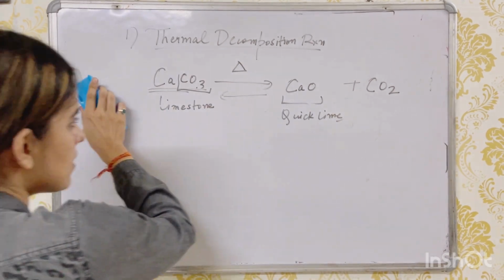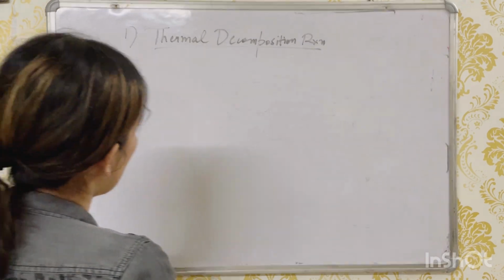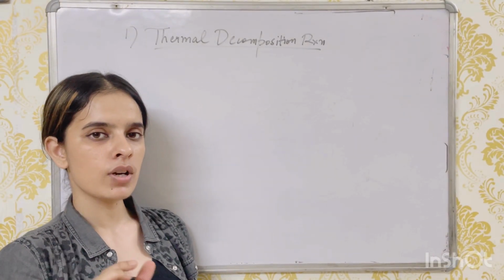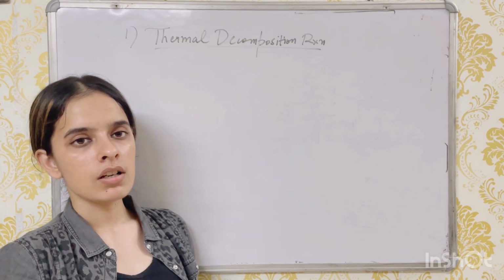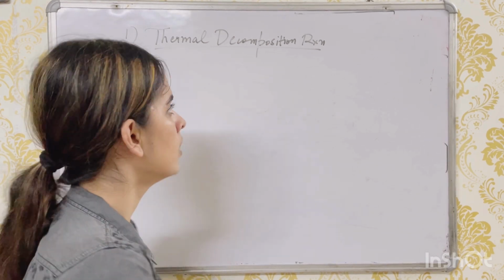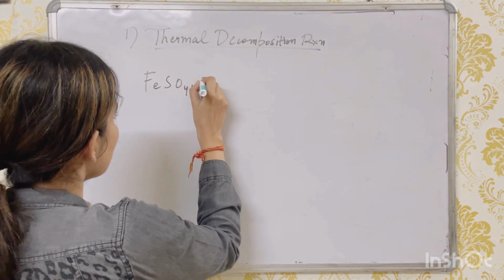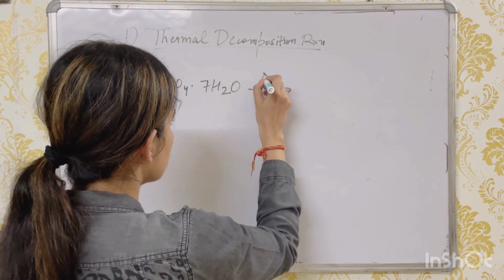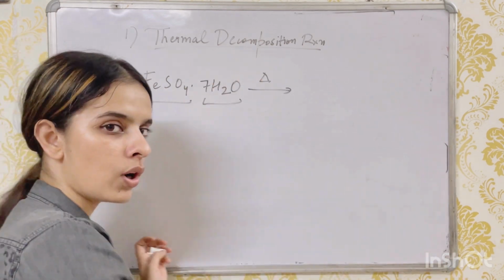So first one is hydrated salts. Hydrated salts means when water molecules are attached with the compound. So when we talk about ferrous sulfate, in the hydrated form it would be like this. When we heat it, firstly we will convert it into anhydrous salt.